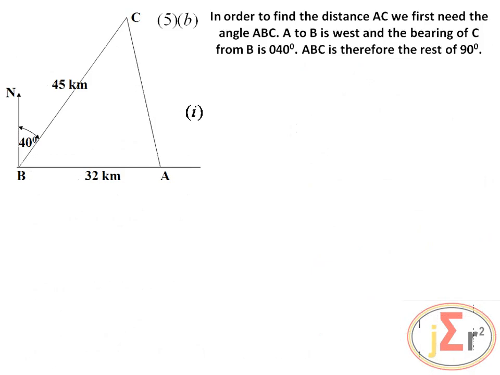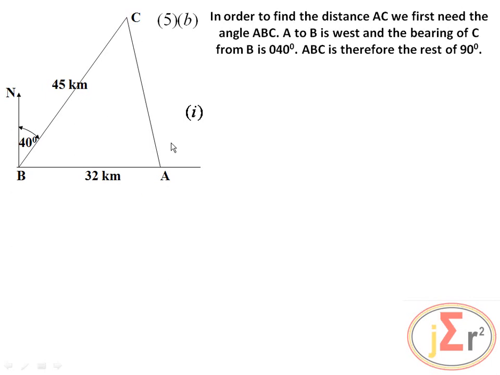In order to find the distance AC, we first need to find the angle ABC. A to B is west, and the bearing of C from B is 40 degrees. ABC is therefore the rest of 90 degrees.